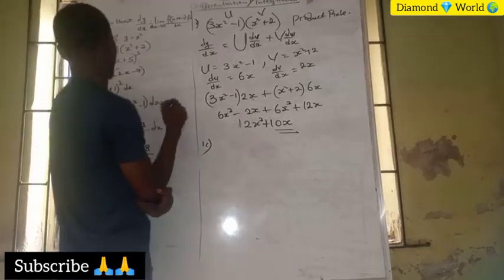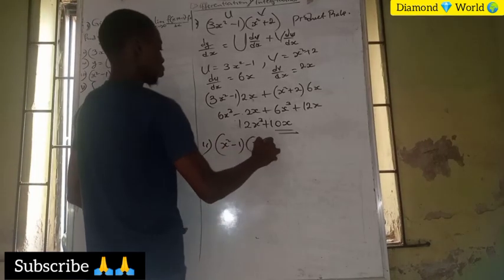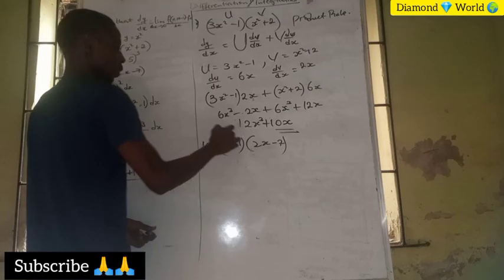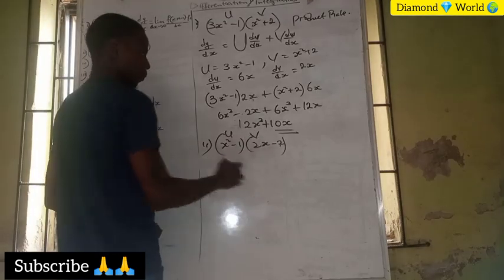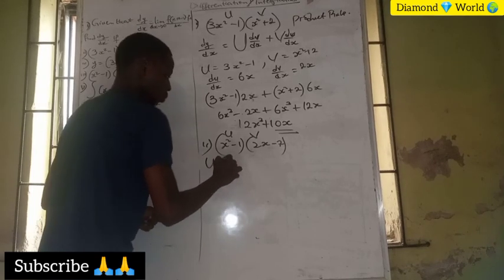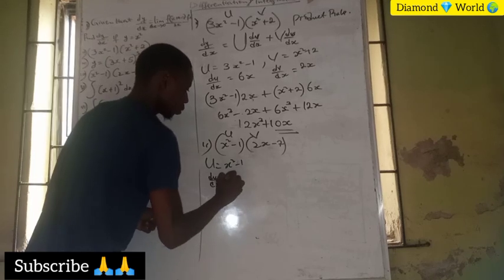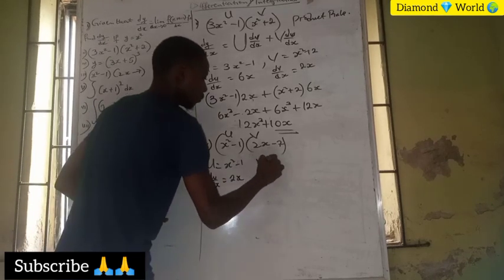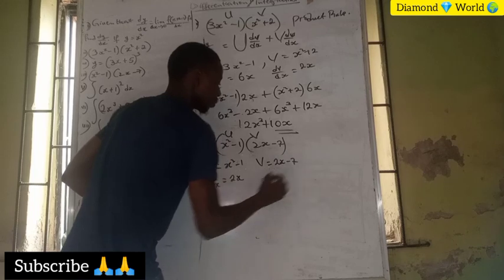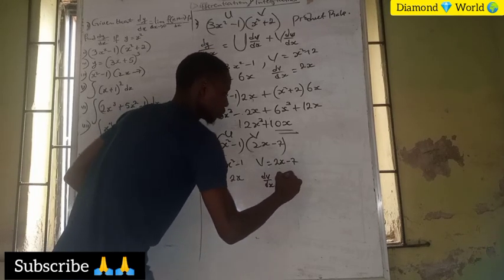Number 4. x squared minus 1 times 2x minus 7. This is our u and this is our v. Our formula still follows this. u equals x squared minus 1, du/dx is equal to 2x. Our v is 2x minus 7, dv/dx is equal to 2.